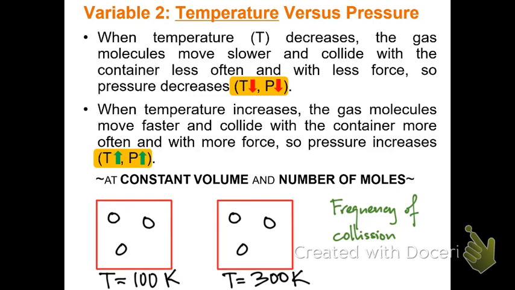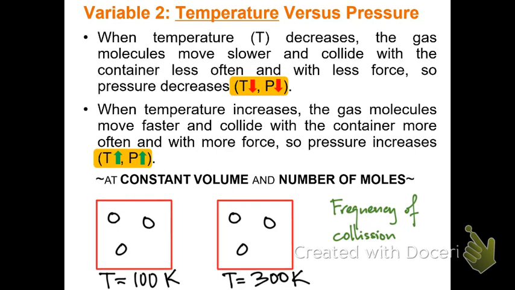You learned in the past that at higher temperature, there's higher kinetic energy, and if you have higher kinetic energy, the gas molecules have a higher velocity. They move a lot faster.